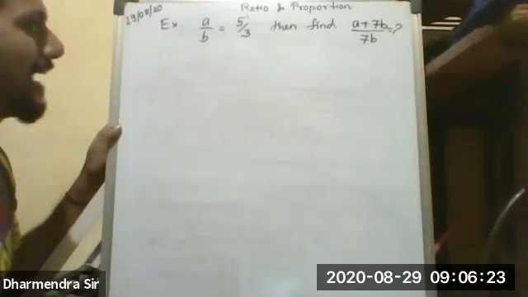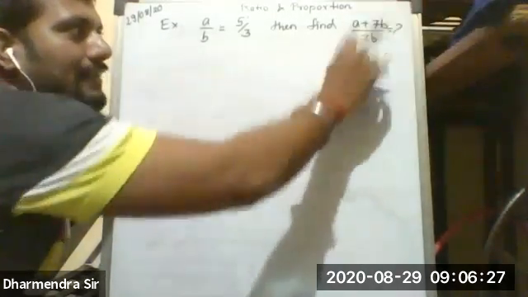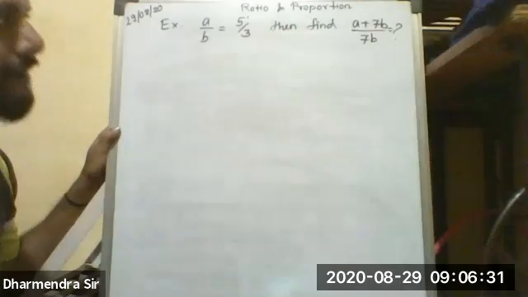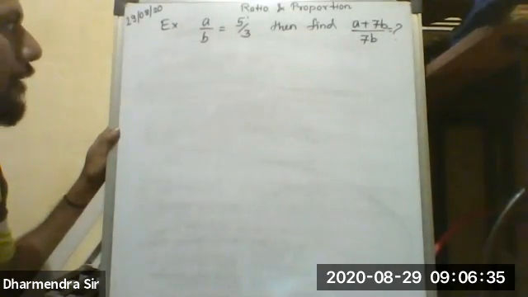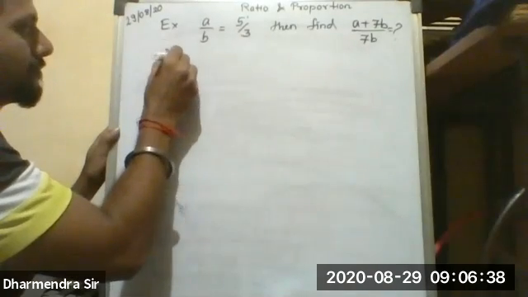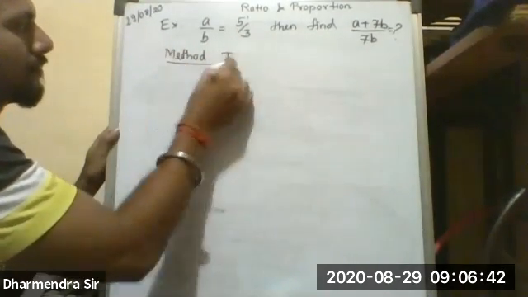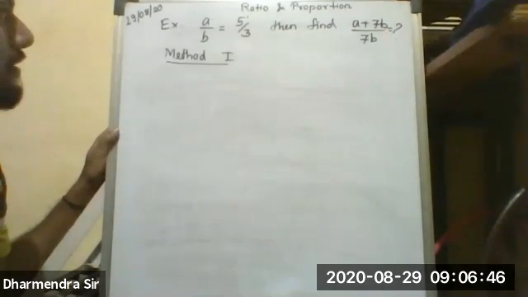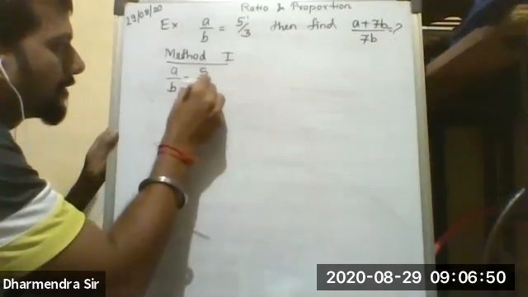So as we can see, if I hide this 7B, we are having A upon 7B, 7 in denominator, and right now I'm having only A by B. So this is method 1. Two methods to solve this. I'll be doing it by method 1. Since A by B equal to 5 by 3, what is required?